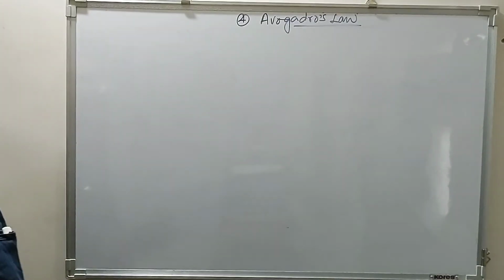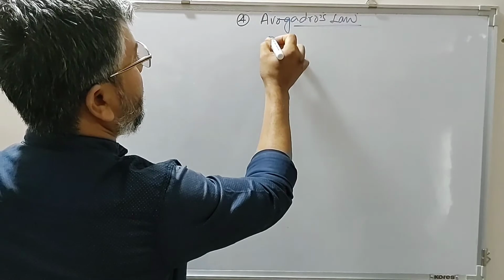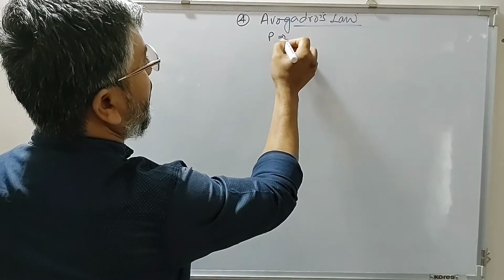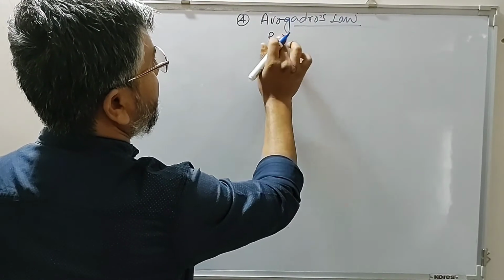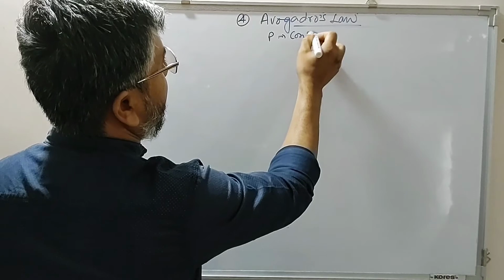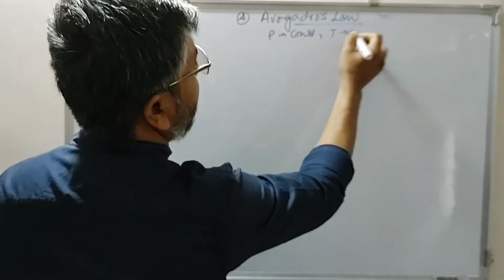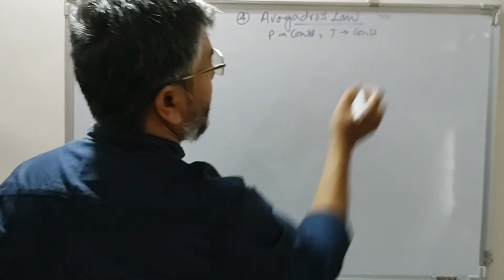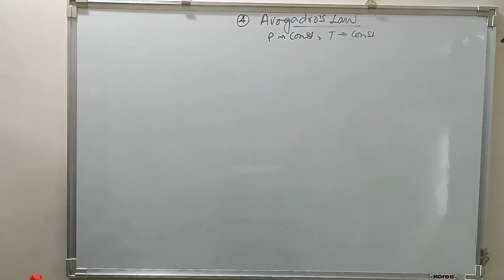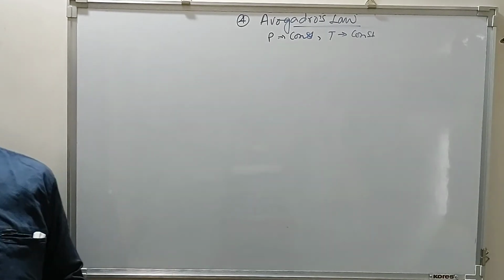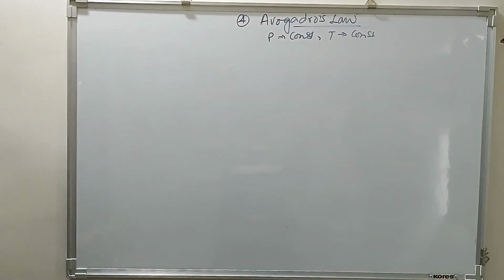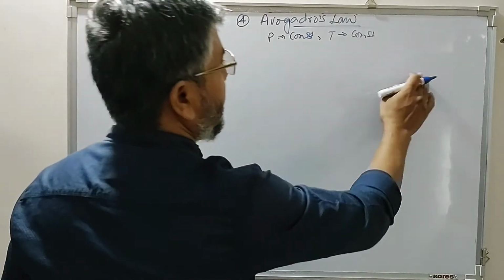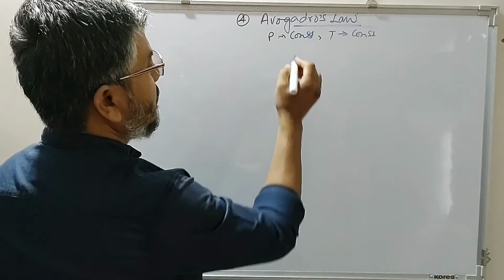Avogadro's law. So for Avogadro's law, pressure of the gas should remain constant as well as temperature of the gas has to remain constant. So at constant temperature and pressure, the volume occupied by the gas is directly proportional to the number of moles.